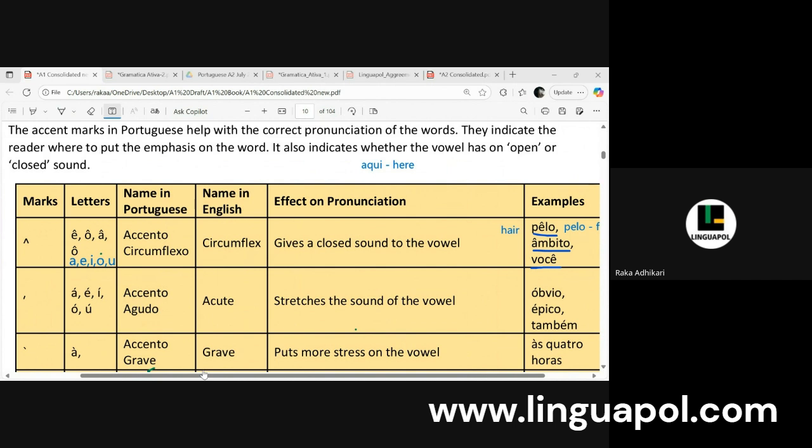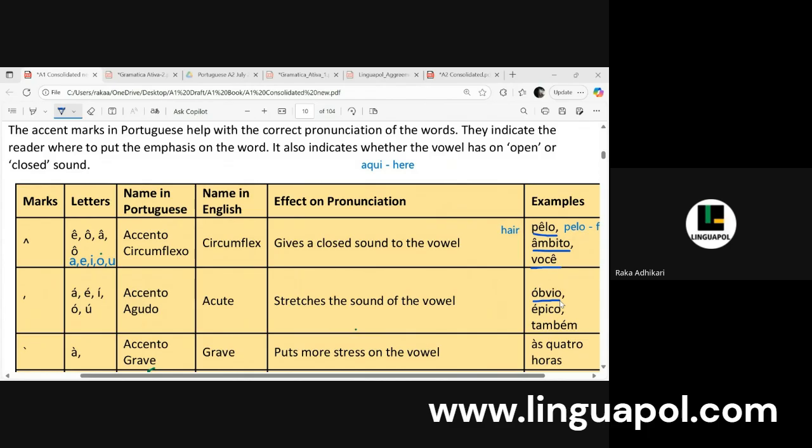Let's look at the first example. The first example says óbvio. So we have this accent on top of the O, so it is sounding as óbvio. The next one we have épico. There's an accent on the E, so we are extending the sound.